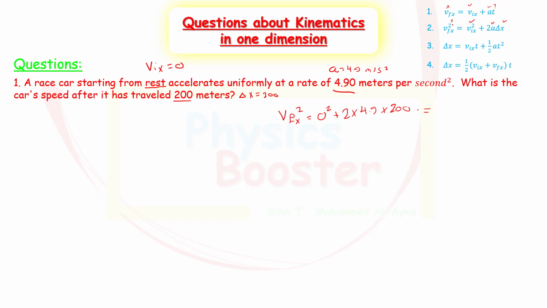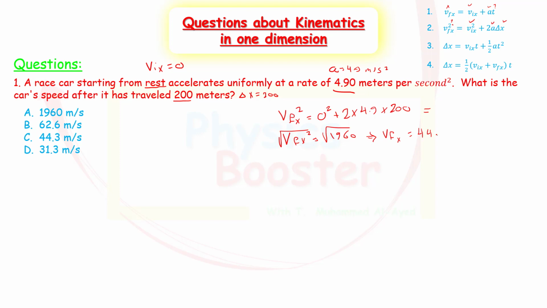If we plug in the numbers, v final x squared is equal to 1960. We take the square root of both sides and we get that v final x is equal to 44.3 meters per second. It is choice C.